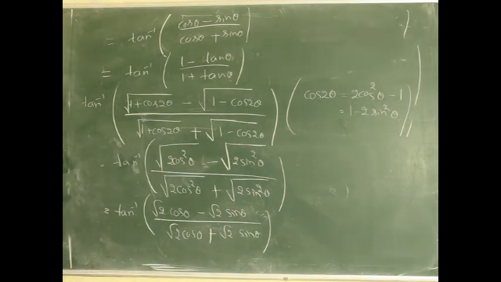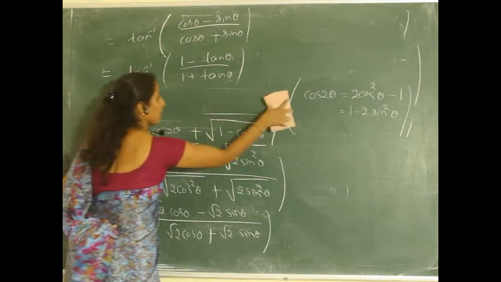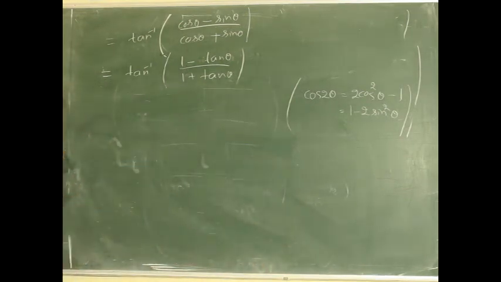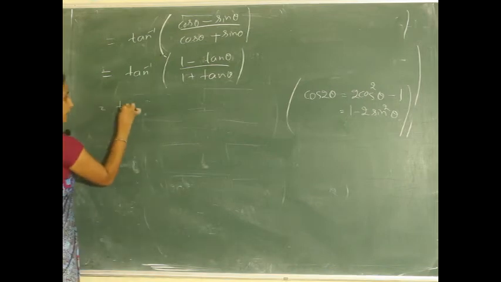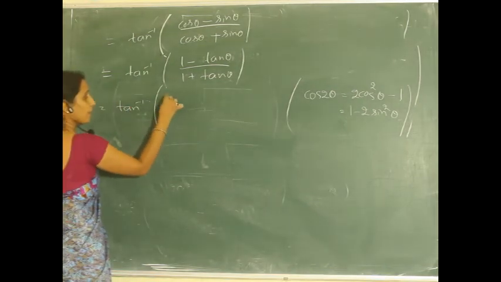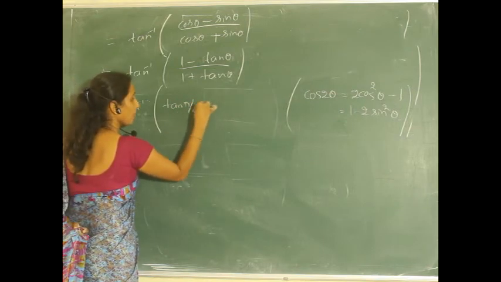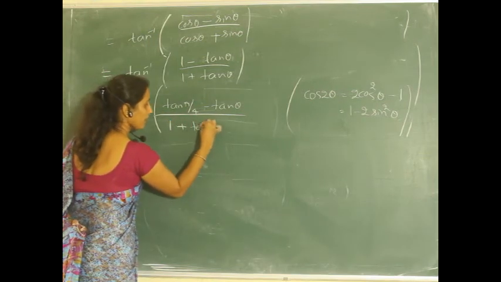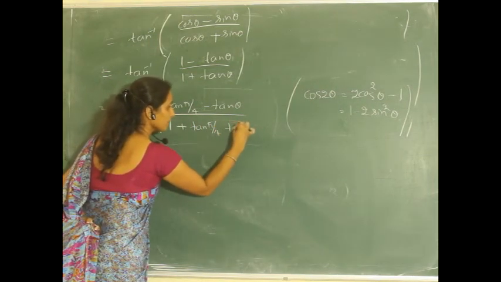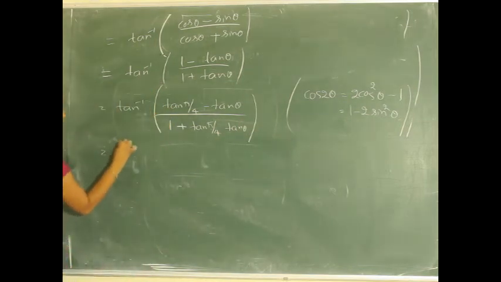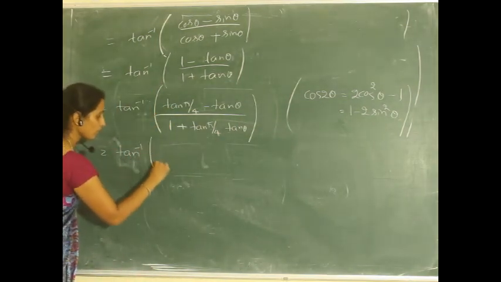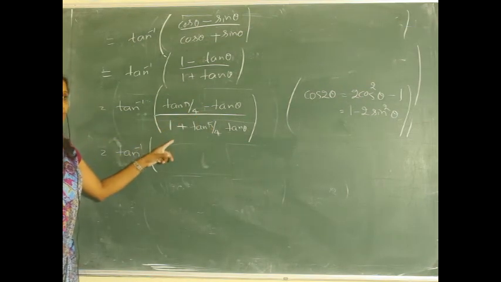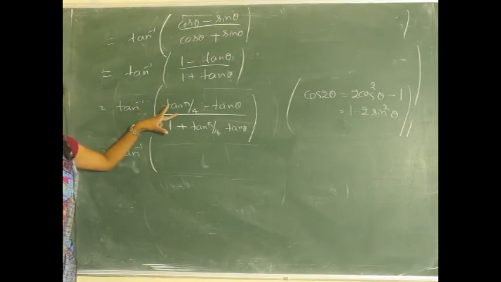Now we can write 1 as tan pi by 4, so this is tan inverse of tan pi by 4 minus tan theta divided by 1 plus tan pi by 4 into tan theta. This is the formula of tan x minus y: tan x minus tan y divided by 1 plus tan x into tan y.